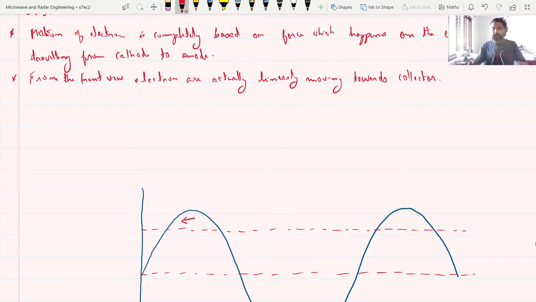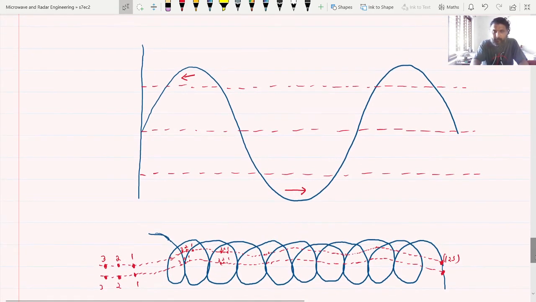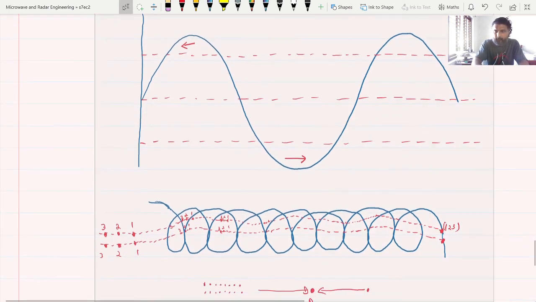Let me take this figure down and directly write, so that will be simple for you.